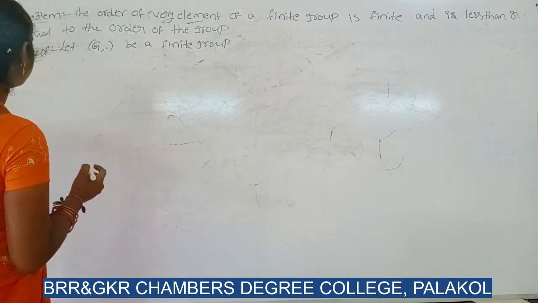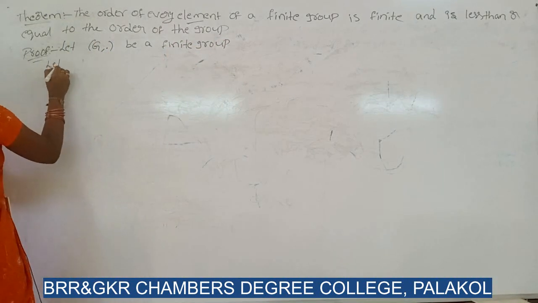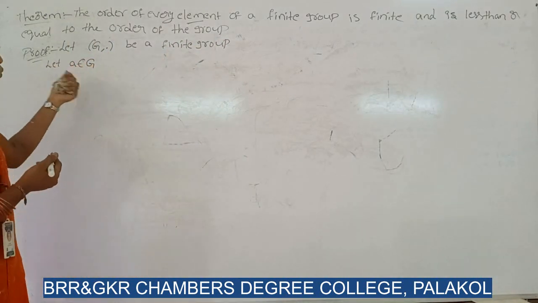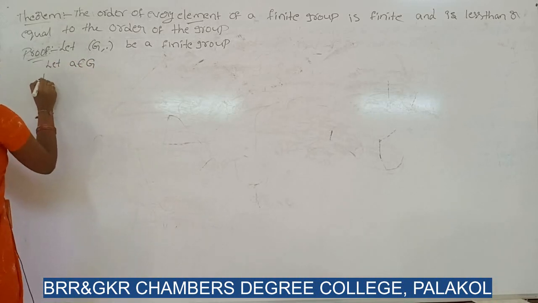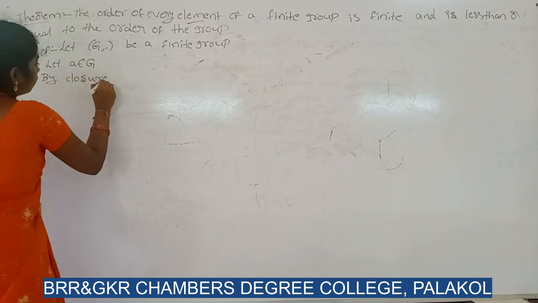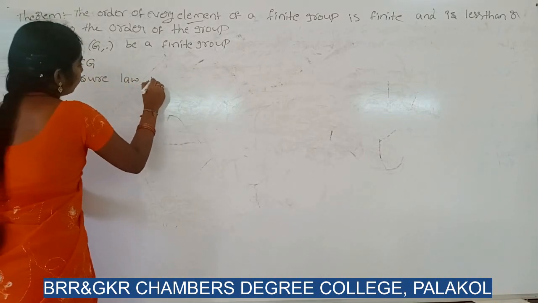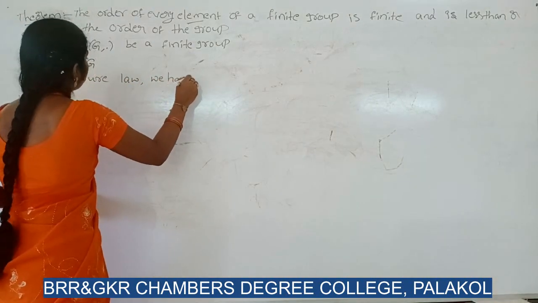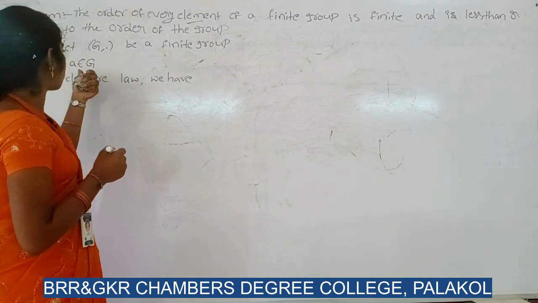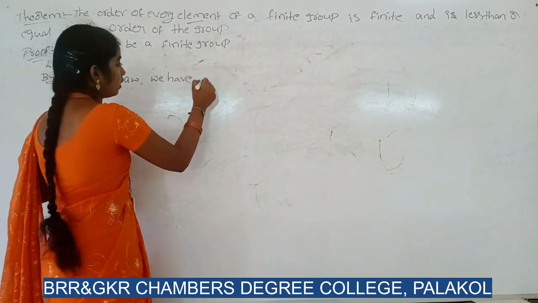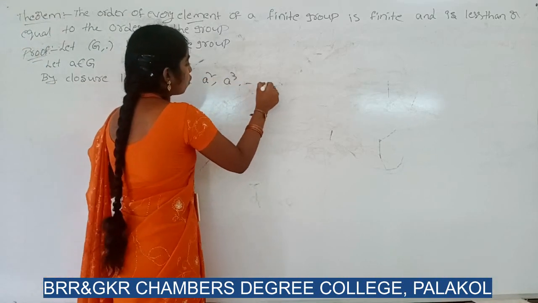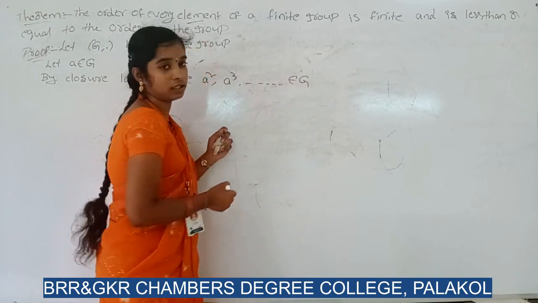Let a belongs to G. By closure law, a belongs to G, so applying the closure law, a·a, that is a square, then a cube and so on, belong to G.